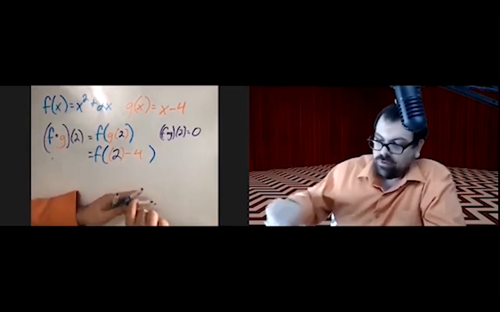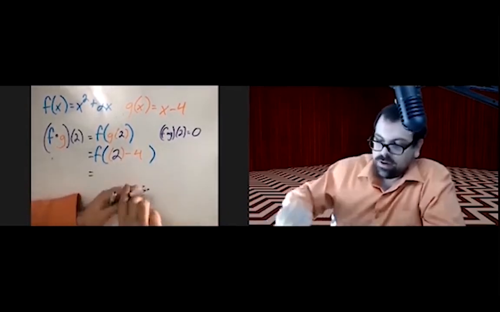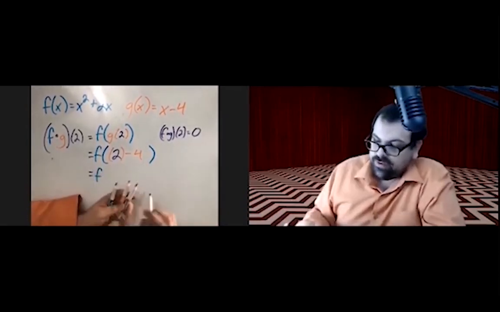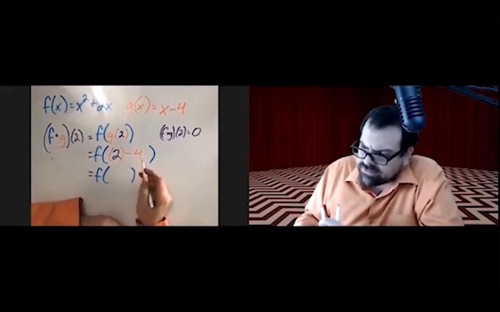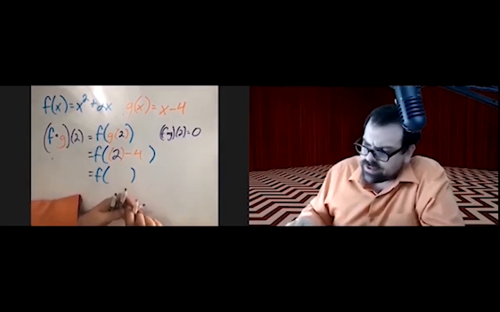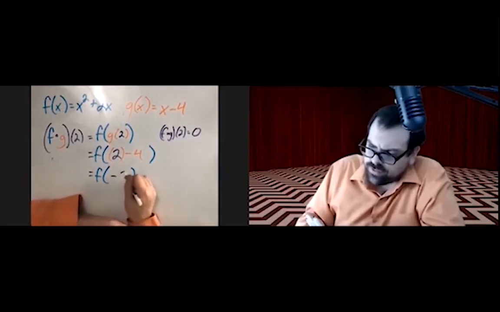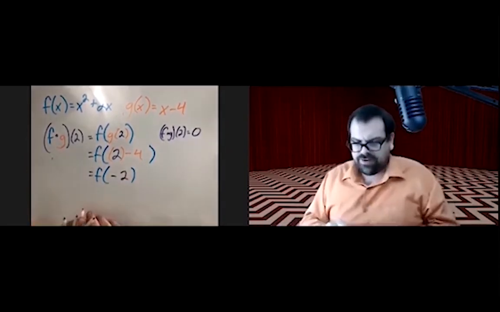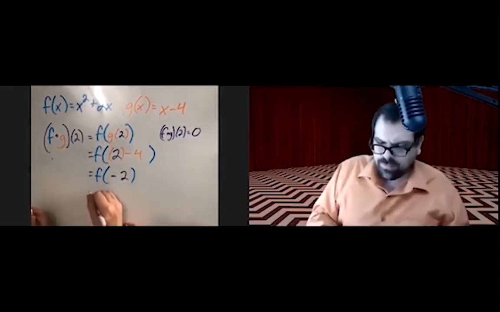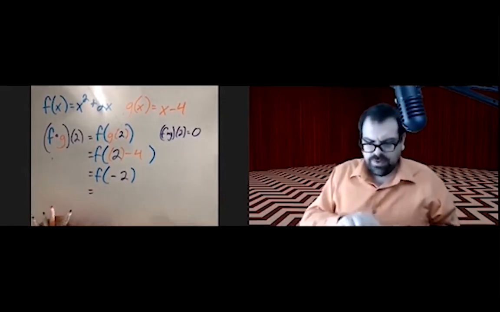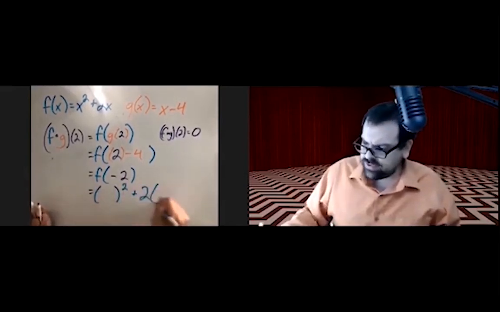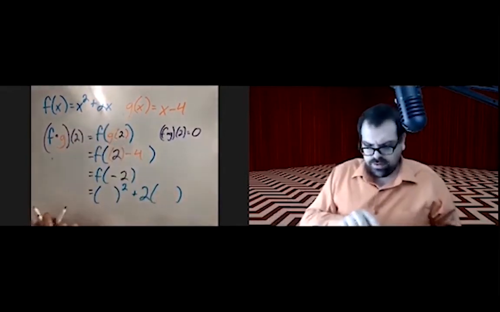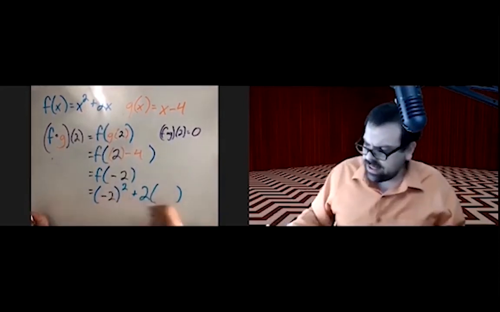So we're looking for F of 2 minus 4, which is negative 2. F of negative 2 would be the thing squared plus 2 times the thing, being negative 2.